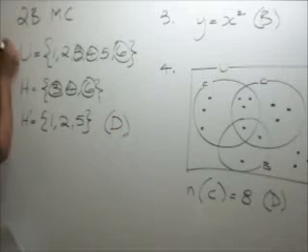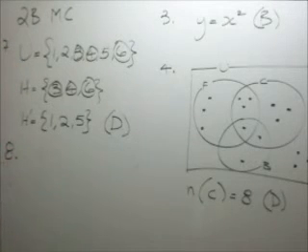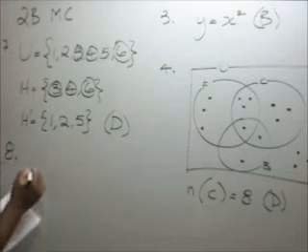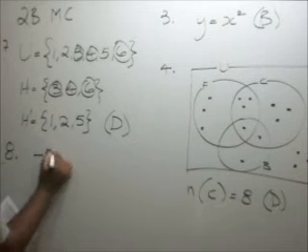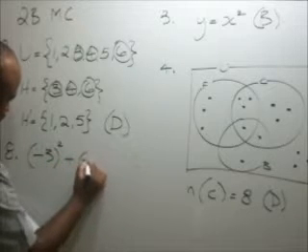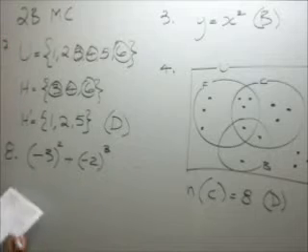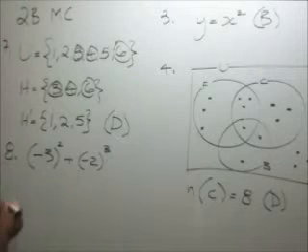So that's 7. We'll quickly look at question number 8. Question number 8 says minus 3 squared plus minus 2 cubed. And what is this equal to?